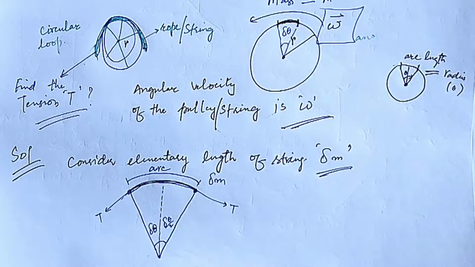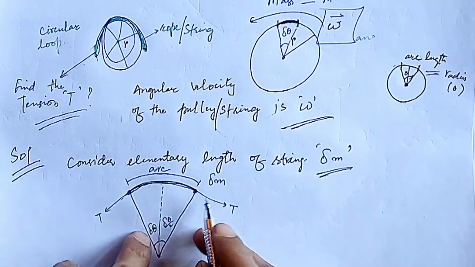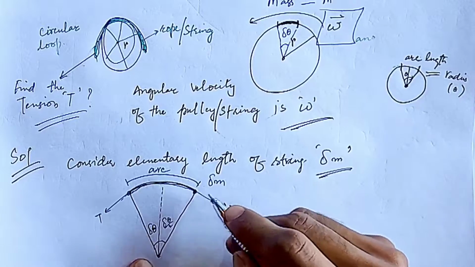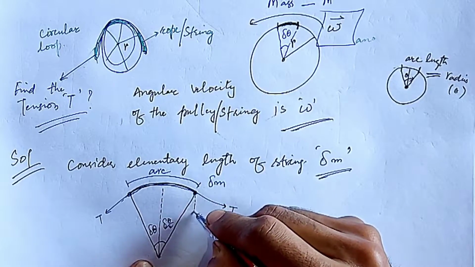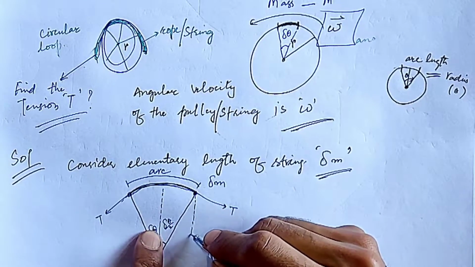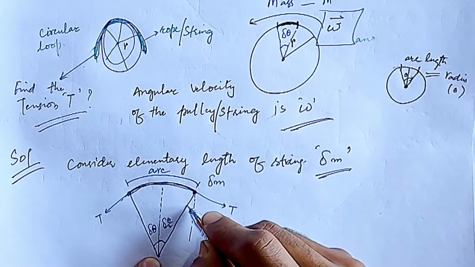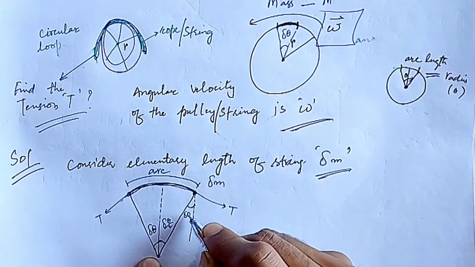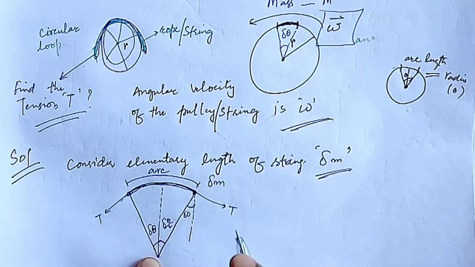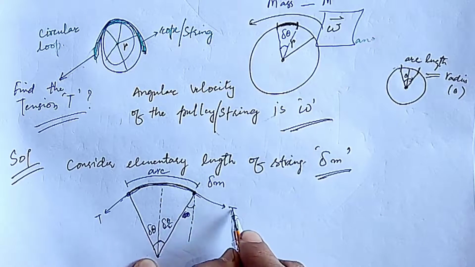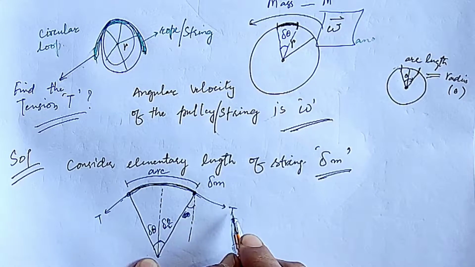But we have to keep in mind that we draw here the parallel line to this very thing. If this is delta theta by 2, so that means this will also be delta theta by 2. This is the T. Okay, this is the tension.